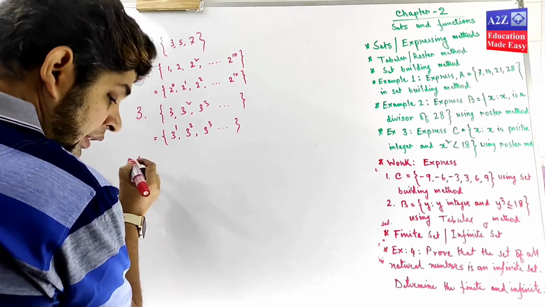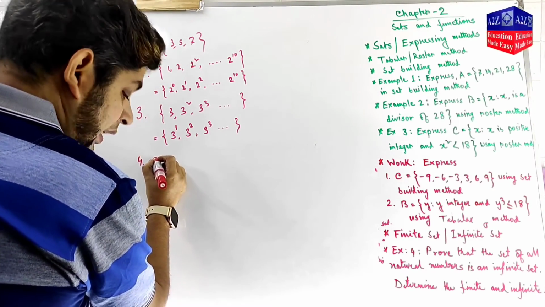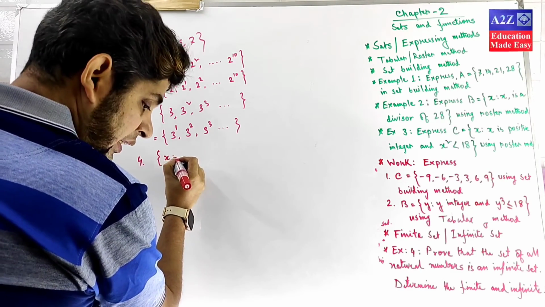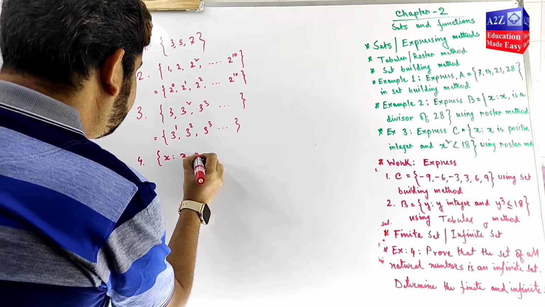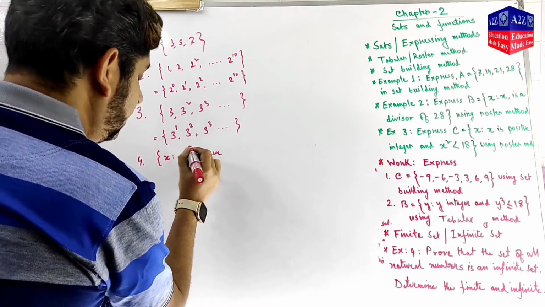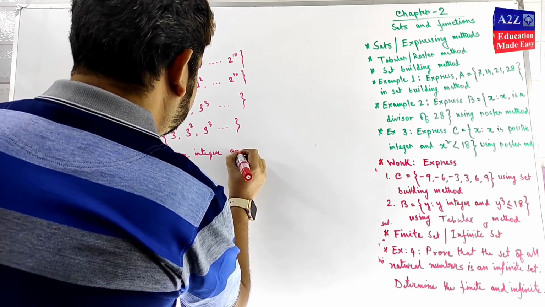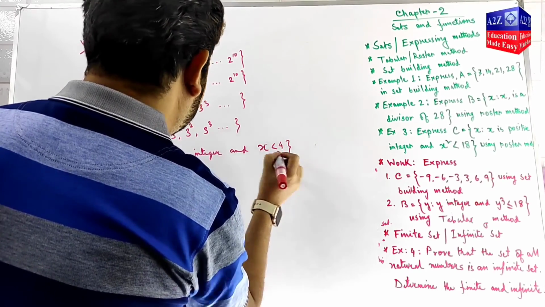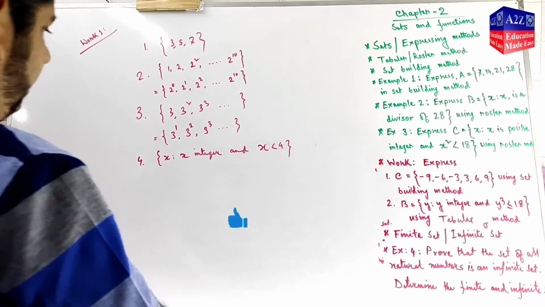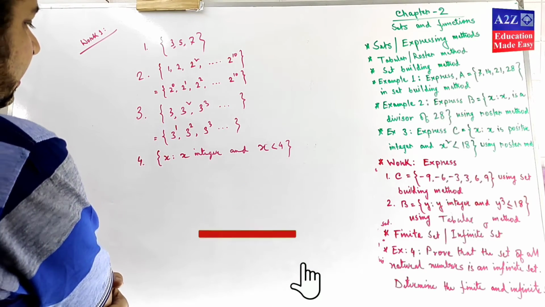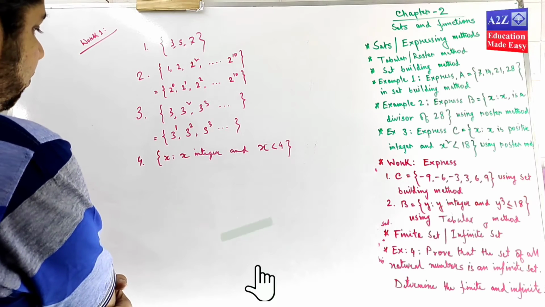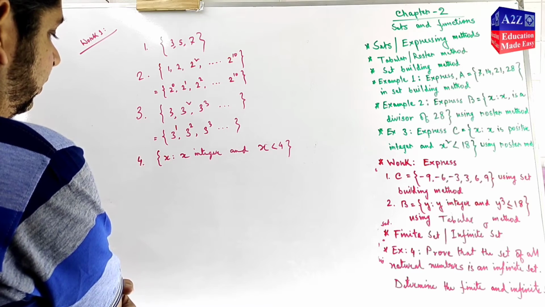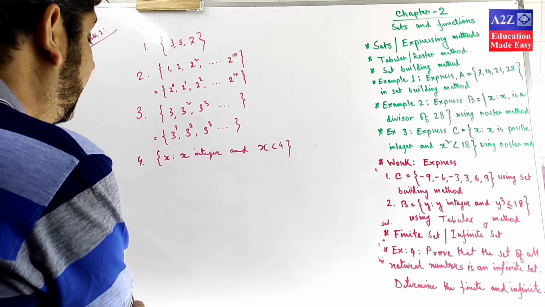Number 4: a set is given, the elements x such that x is an integer and x is less than 4. I would like to convert this set into roster or tabular method, that is, list the items.